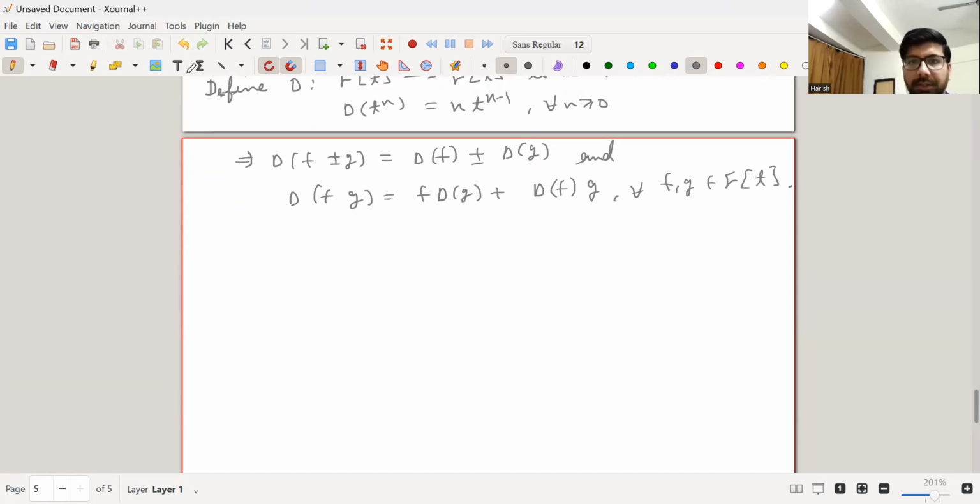So that's how the derivation is defined. Now the other definition is of repeated roots.